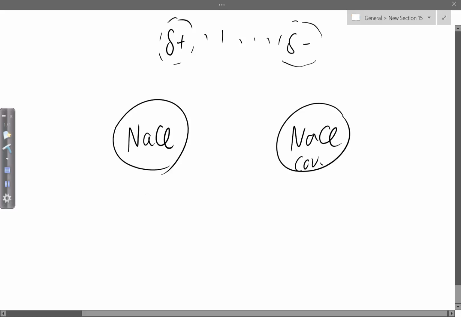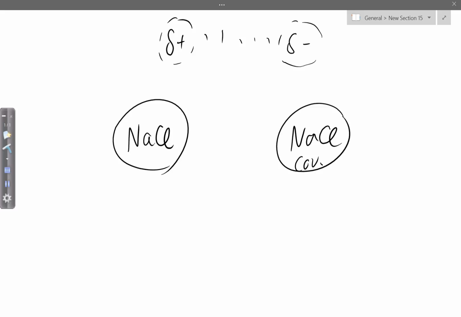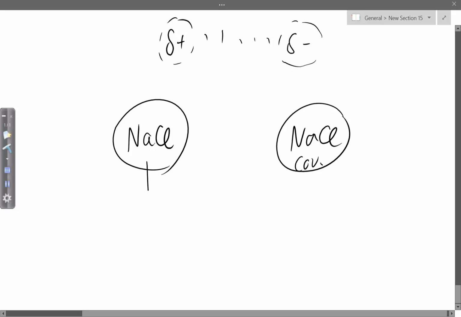Which one will have higher melting point? Oh, covalent character. You sure? The answer is the one which is purely ionic, right? We have higher melting point, right?